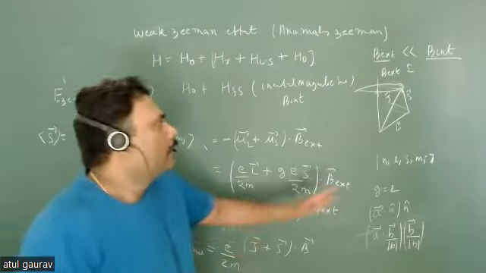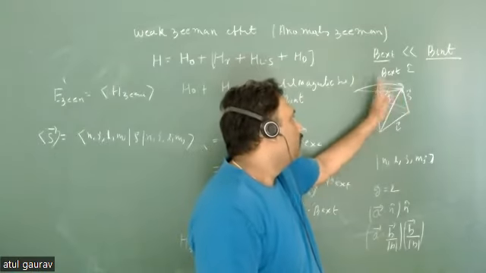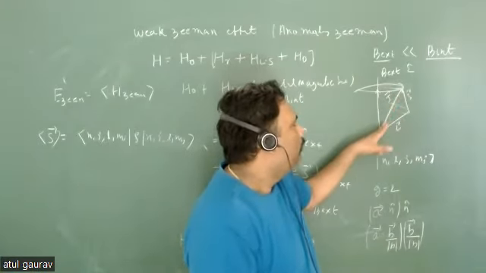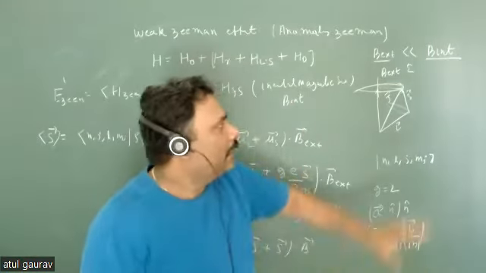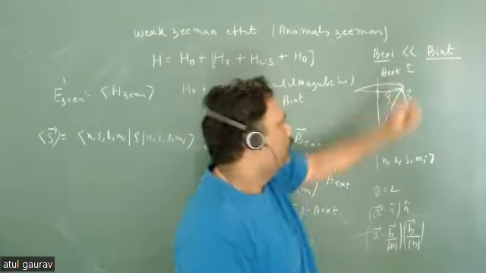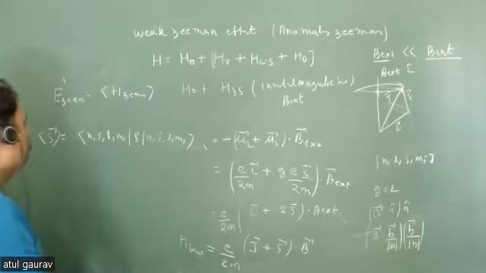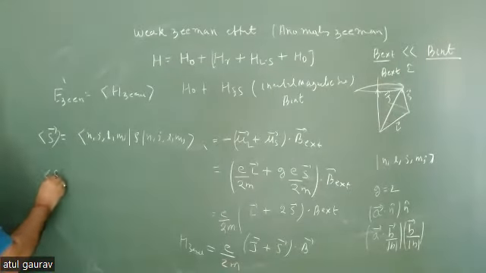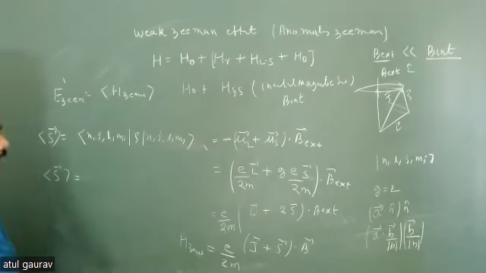S precesses about J, and J precesses about B. So only that component of S which is in the direction of J will survive, isn't it? So we are taking that component of S which is in the direction of J. Here we can find this particular value with this lemma, and this lemma is basically identified as S dot J, isn't it?